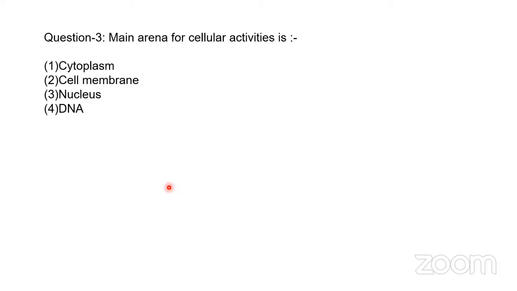What is the main arena for the cellular activities in a cell? As I mentioned in all the previous slides, cytoplasm is the main arena for all the cellular activities, for most of the enzymatic reactions that take place in the cell.